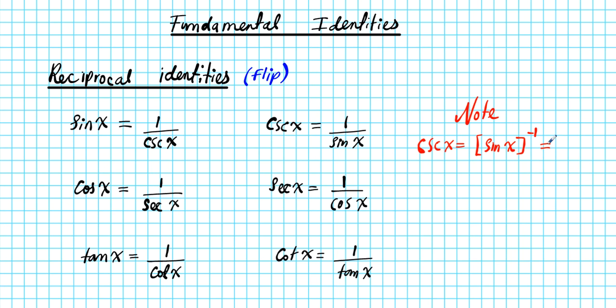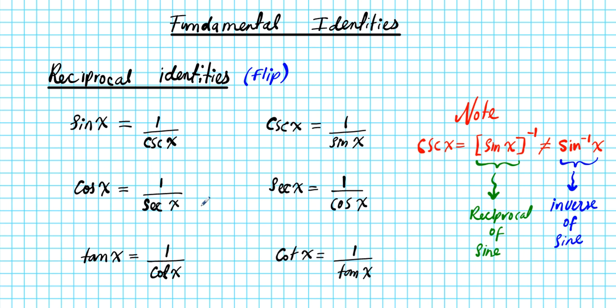And this is not equal to this function right here. This function that I just wrote on the rightmost side is known as the arcsine. This is the inverse of sine. Whereas this scenario right here, sine x raised to the -1 is the reciprocal of sine. They mean 2 different things. And this fact applies to all 6 trig functions that we have here.